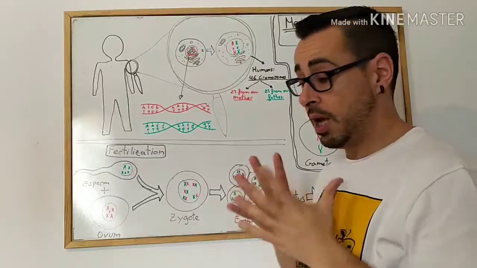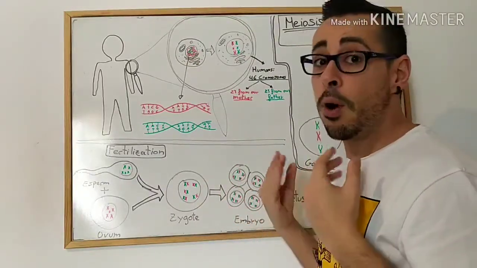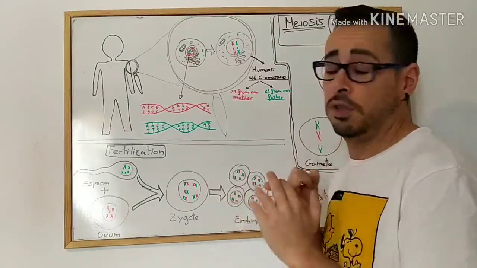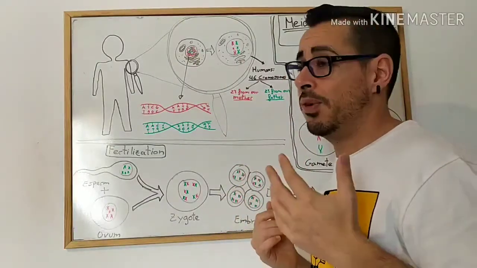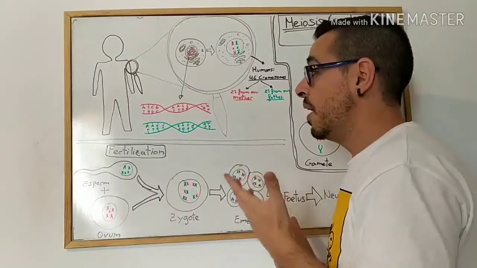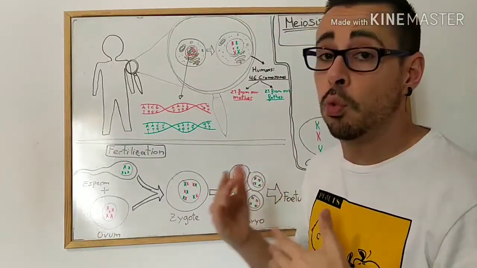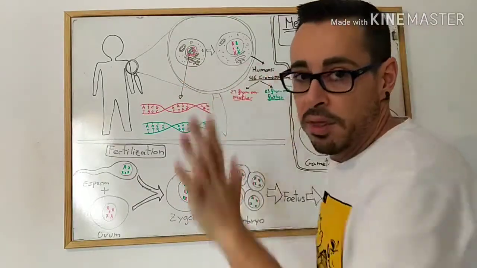The code has the information for every single thing in our body. The information for the color of the eyes, the color of the hair, the color of the skin, the information for personality, the information for how our organs have to work, okay? Everything.